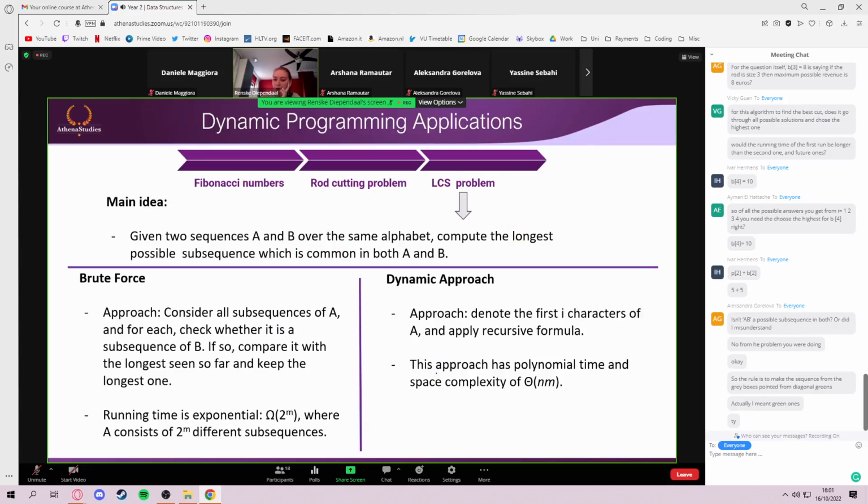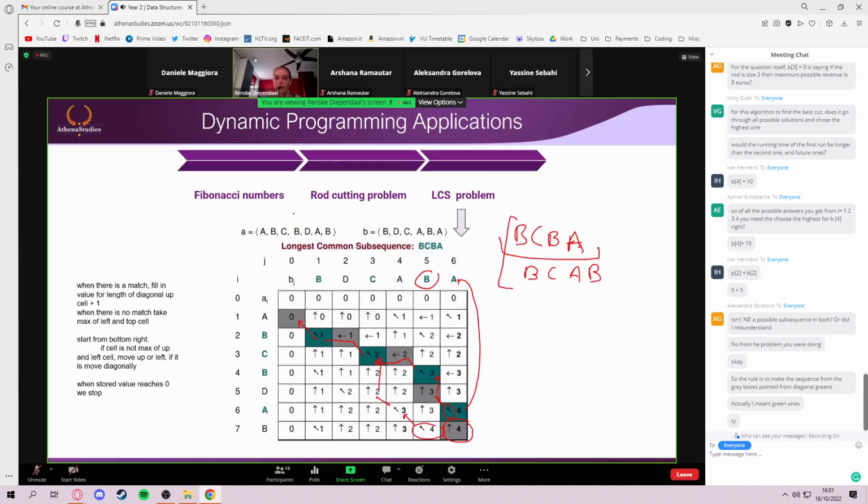And this approach has a polynomial time and space complexity of n times m, where n is the length of sequence A, and m is the length of sequence B. For the space it's obvious. You have n letters over here and m over here.